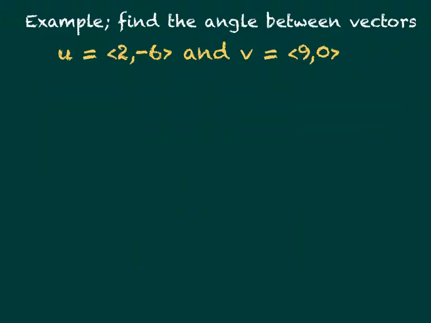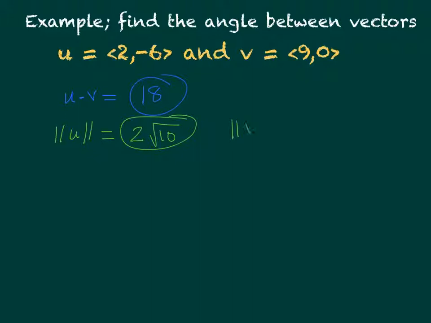The first thing we need to do on this next one is find u dot v, and that's going to be 18. Then we need to find the magnitude of u. So we get 2 square root of 10, and the magnitude of v is equal to 9.